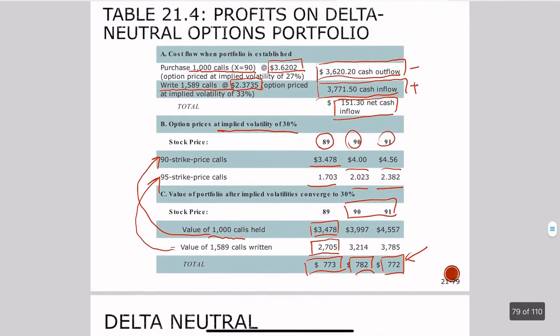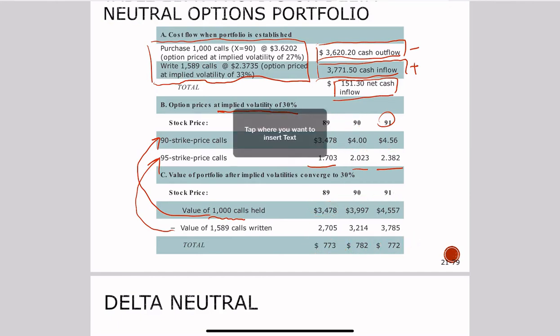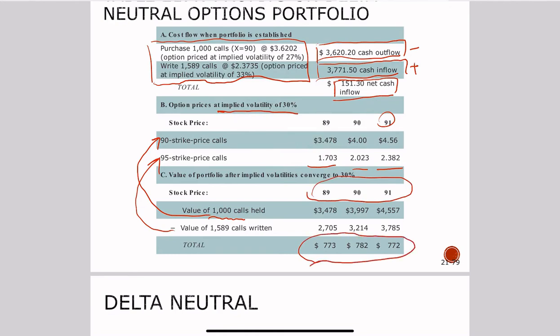For example, purchasing 1,000 calls with an exercise price of 90 and writing 1,589 calls with a strike price of 95 is a delta neutral portfolio, because you can see that no matter how stock price changes, your portfolio's value would roughly stay the same. So the portfolio's delta is just like zero.